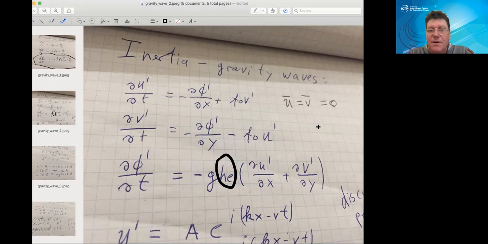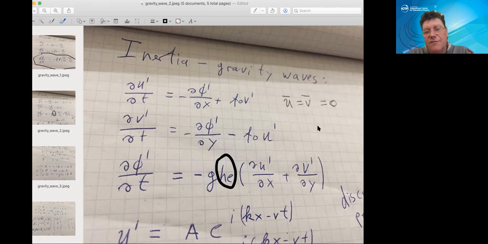We ignore terms that are of higher order in products in the perturbations, essentially, because we can define our initial amplitudes u primed, v primed, and phi primed such that they are so small that products of these quantities will be much smaller than all the other terms.